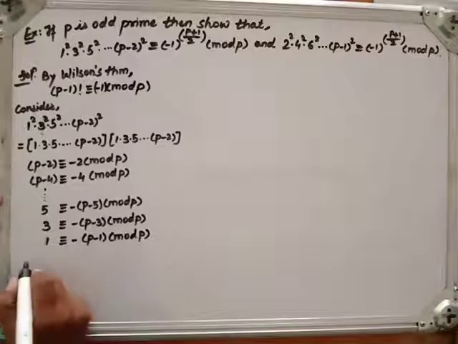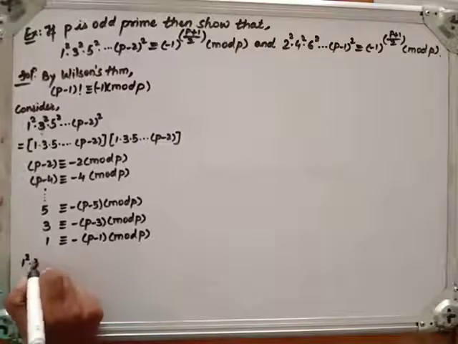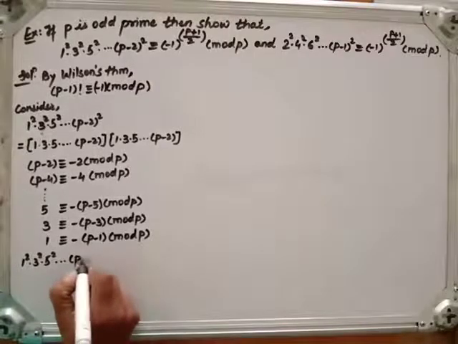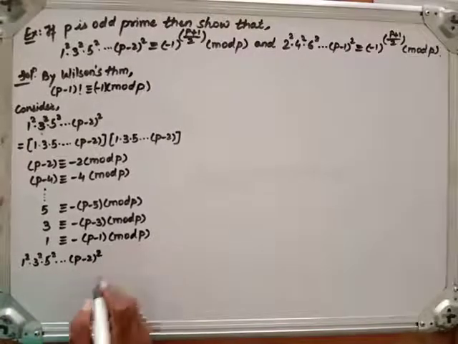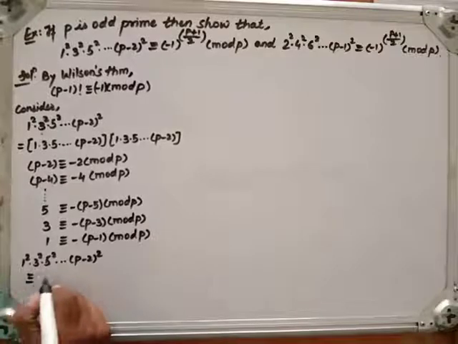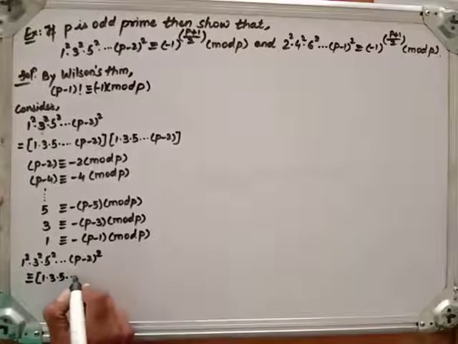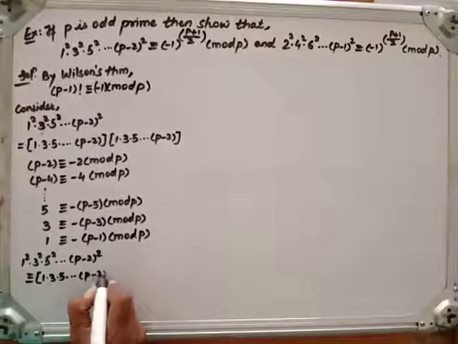What we get? 1 square, 3 square, 5 square and so on up to (p minus 2) square is congruent to 1 into 3 into 5 so on up to (p minus 2) as it is.